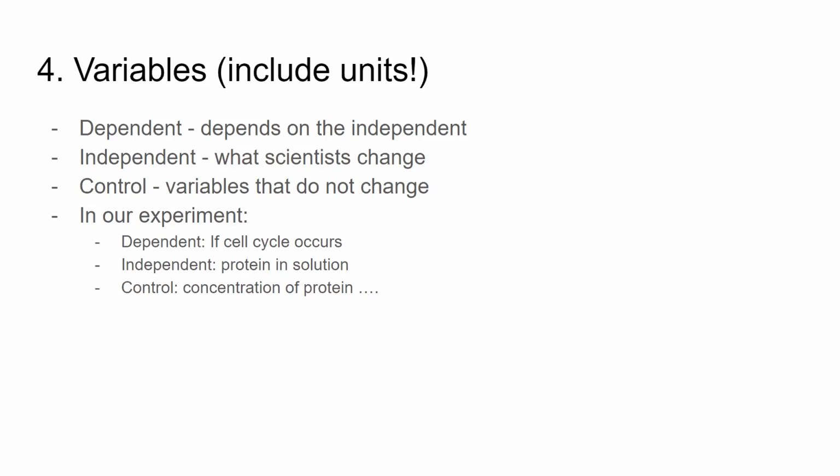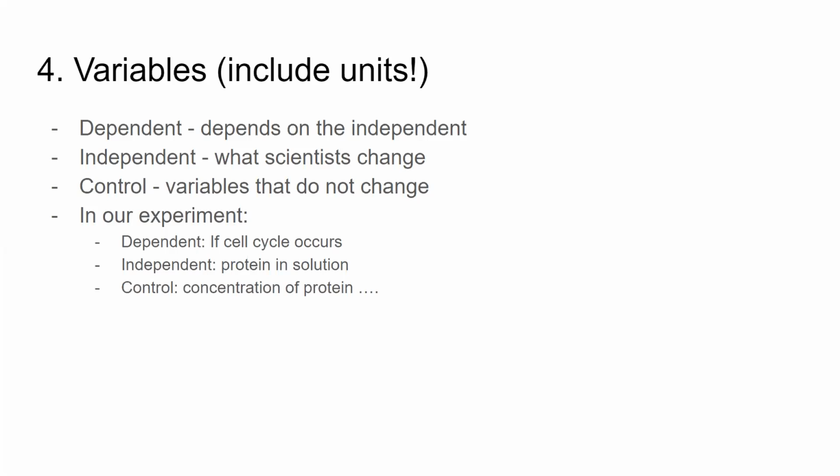But you also need to have a control group. We discussed this in our first class when we discussed experimental method. Your control group is the baseline that you're going to be looking at. The control group tests to make sure that there's no flaws in your experiment. For our example, you might want to run the experiment with no proteins to see if your cells actually go through the cell cycle.